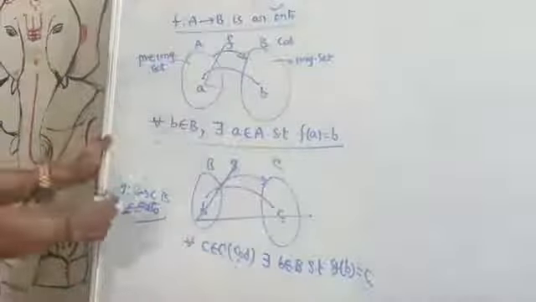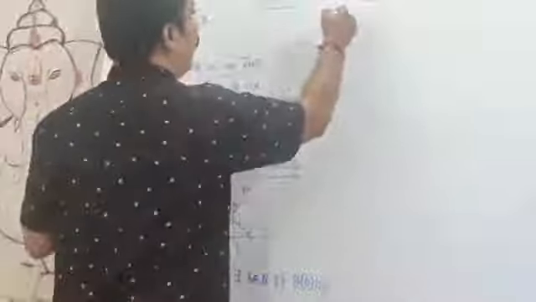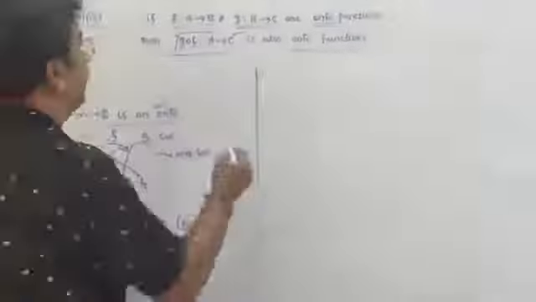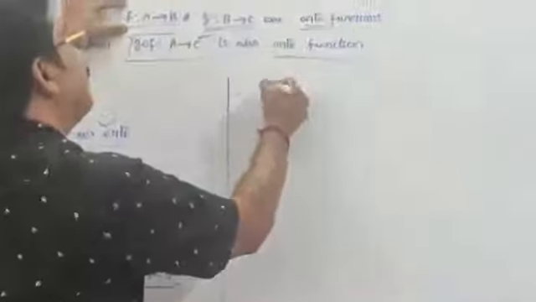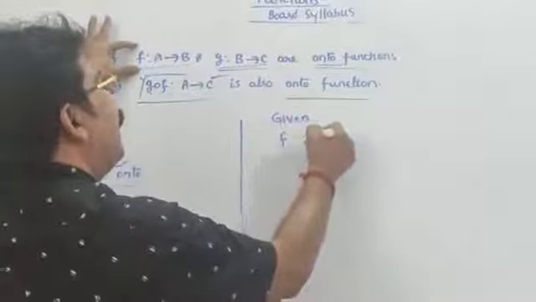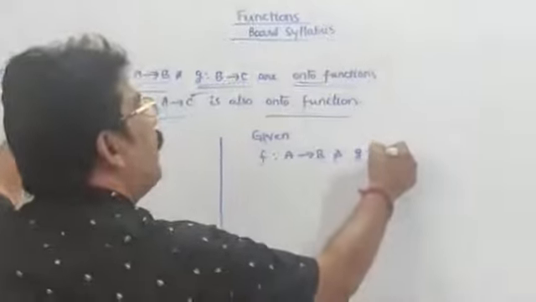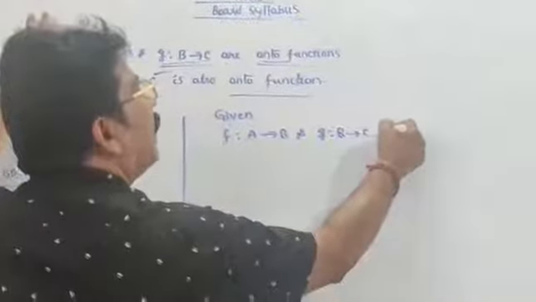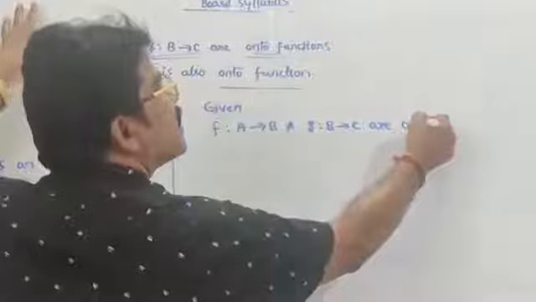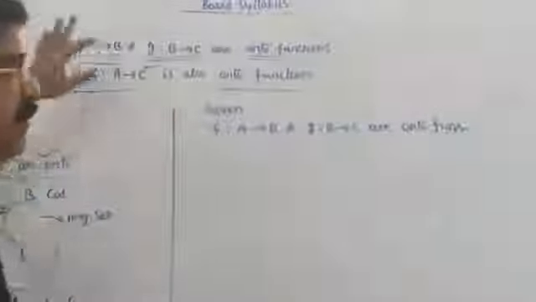This is the definition of onto function related to F and G. Okay. Now, we have to show that, already given, F from A to B and G from B to C are onto functions.